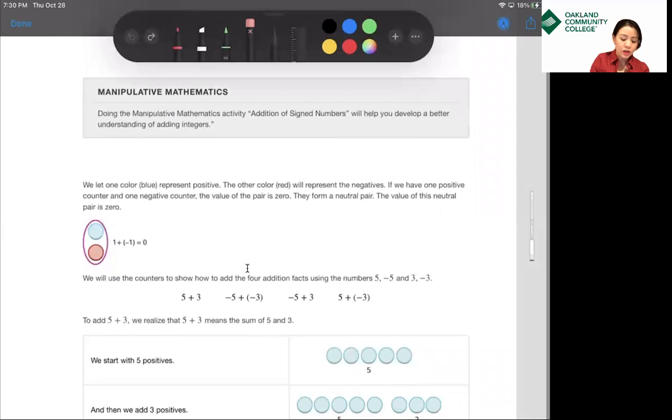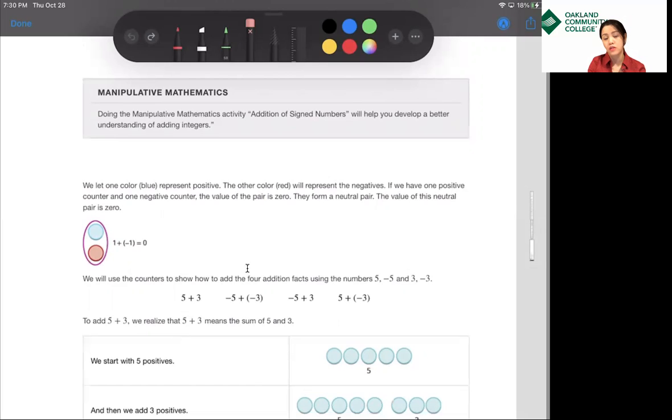Okay. So I'm going to let one color, blue, represent positive, and the other color, red, will represent the negative. If we have one positive counter and one negative counter, the value of the pair is 0. They form a neutral pair.